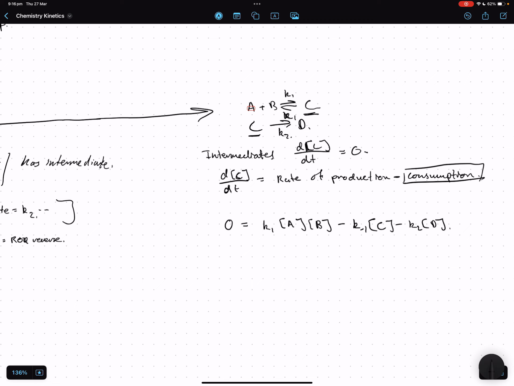See? That's how we work this out. So let's rearrange real quick. k1[A][B] equals k-1[C] plus k2[C].